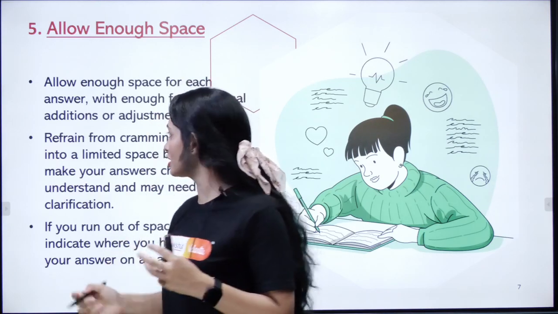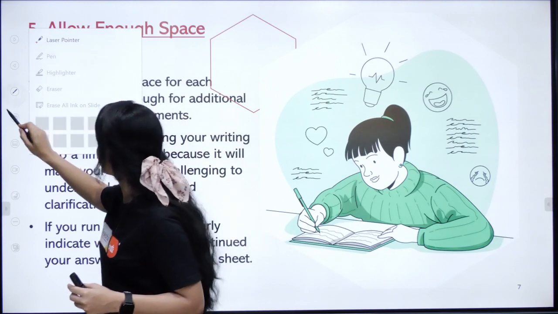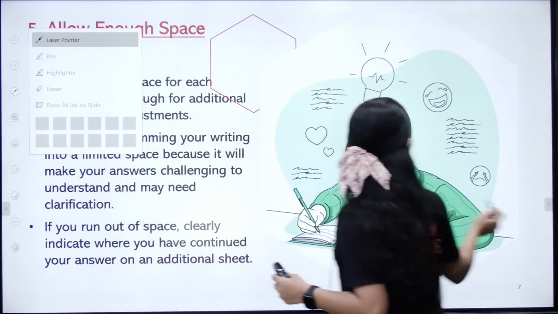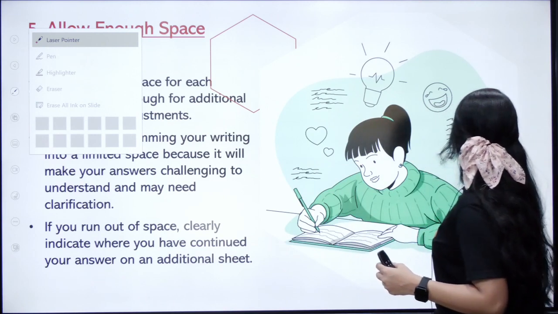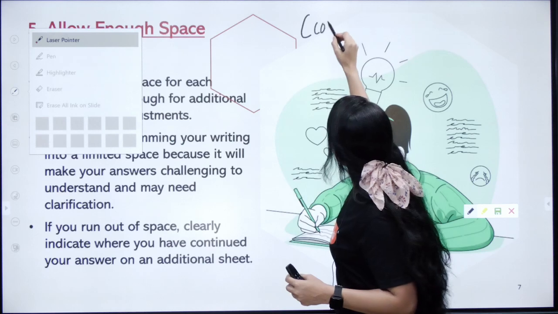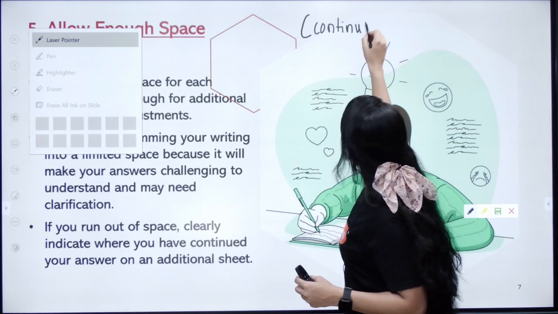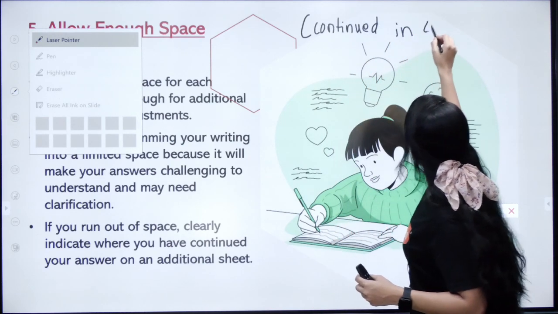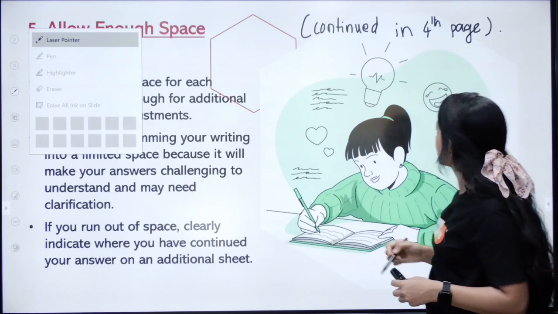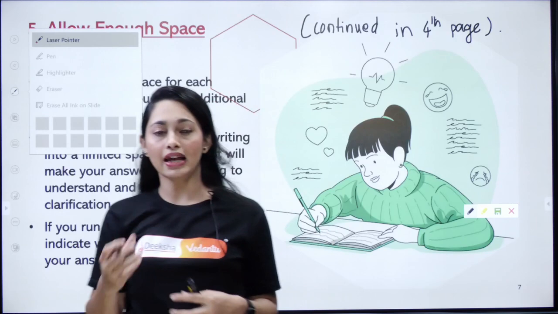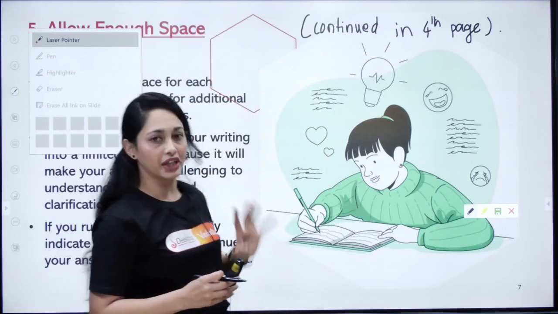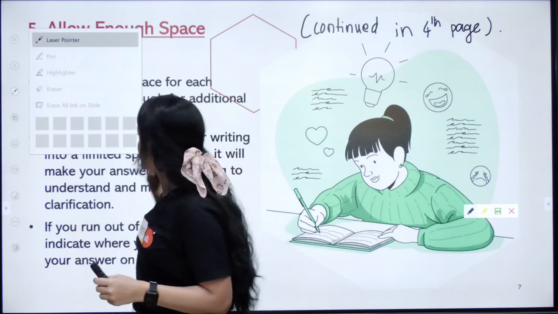So use a bracket, like "continued on 4th page." You can write like this, so that the evaluator is not going to miss out on the answer that you have written on the 4th page. Make sure to do this.